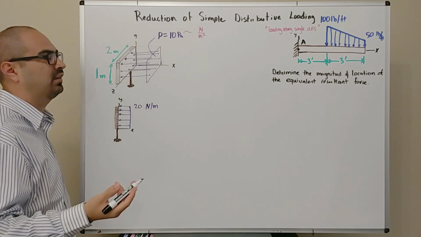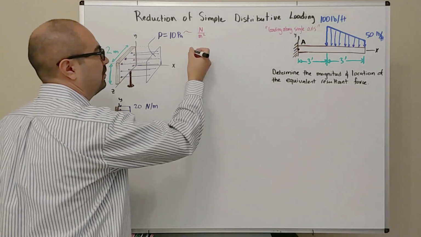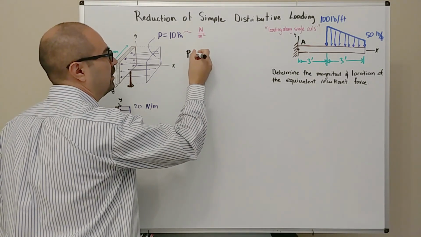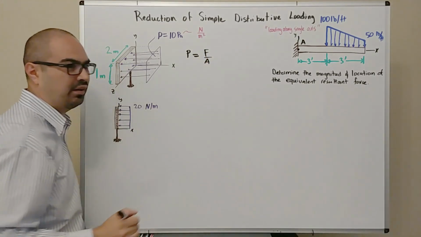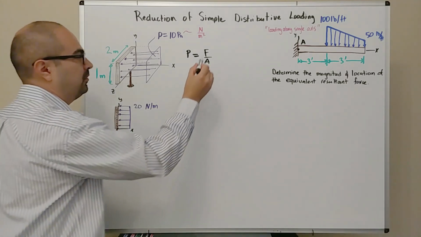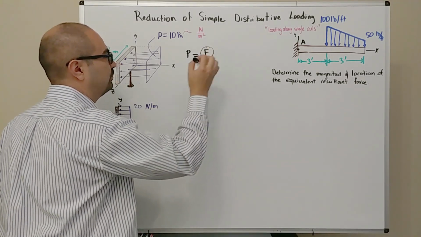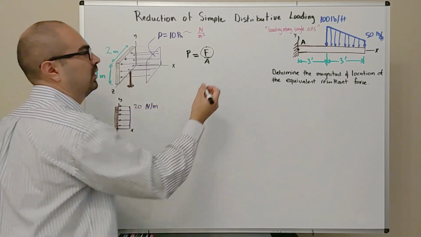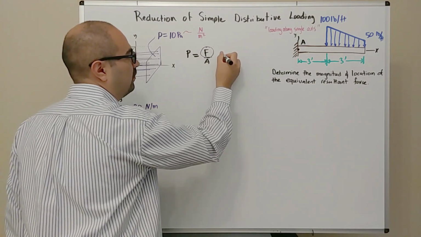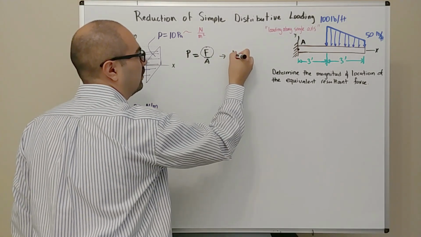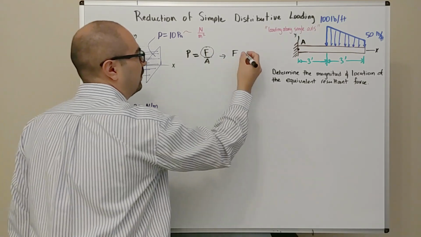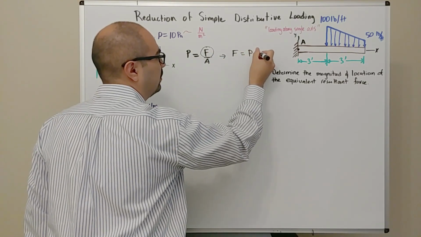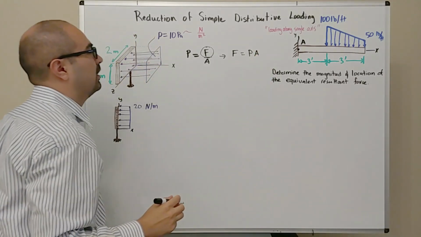problem also with the pressure equation. We know that the pressure is just the force divided by the area. If we want to figure out how much force is being exerted on the sign, we can solve for F over here. And F is just going to be P times A, or the pressure times the area.